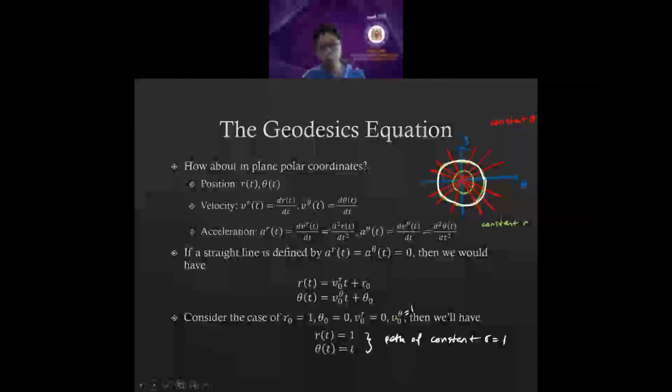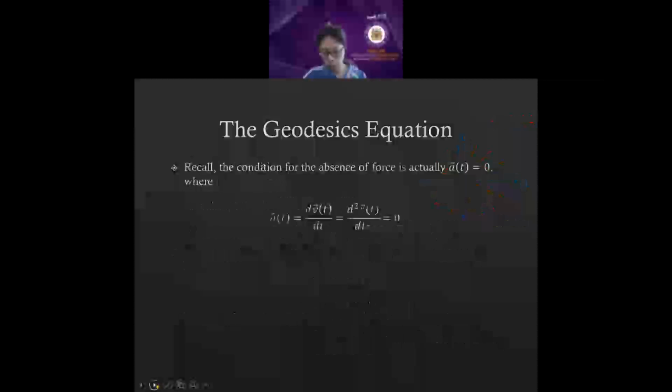So what went wrong over here? We are using the wrong set of equations to describe straight lines. If you recall carefully, the condition for the absence of force, Newton's second law where F equals 0, is not a scalar equation.